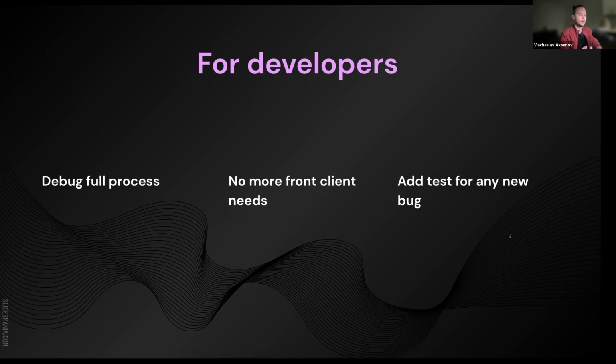We can run this test application and with debugging step by step, like mock the situation that user got on production. And we don't need testers or front-end developers to reproduce any scenario. We can do it locally with our comfortable environment for developer.